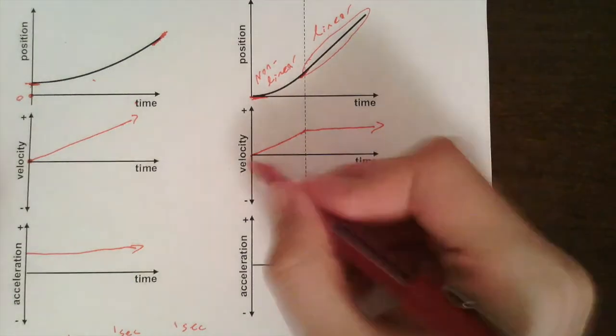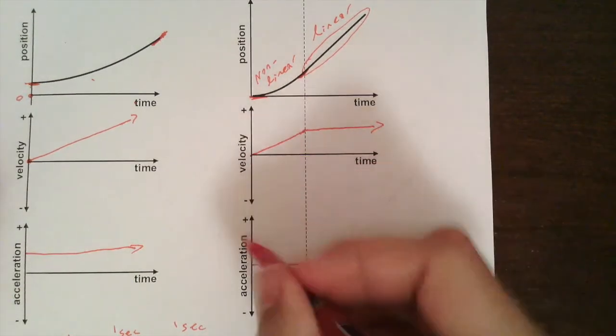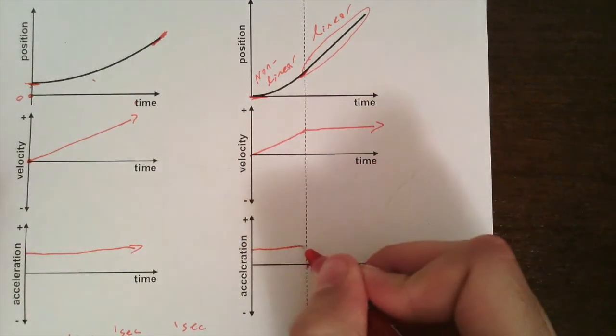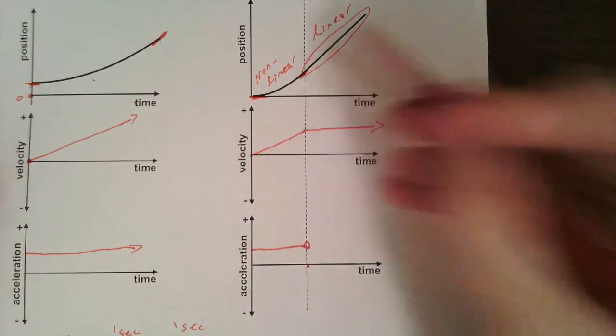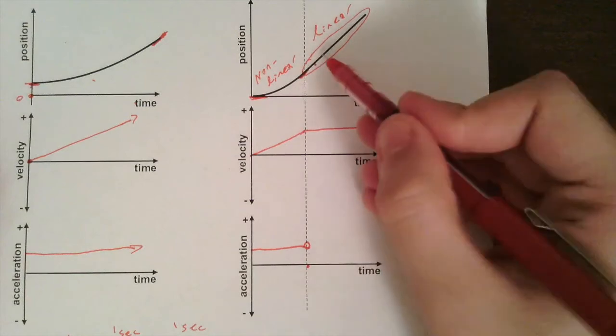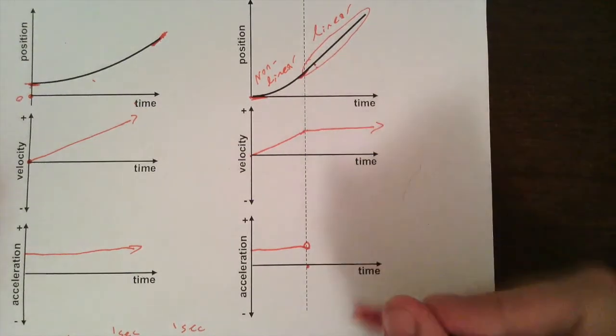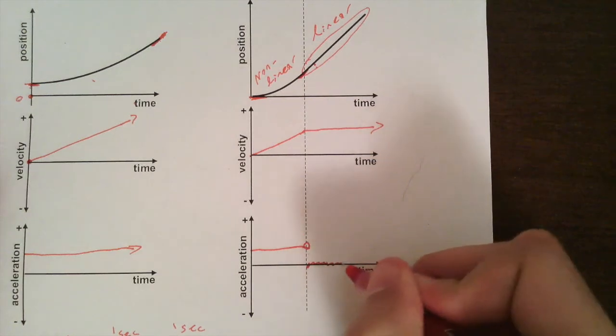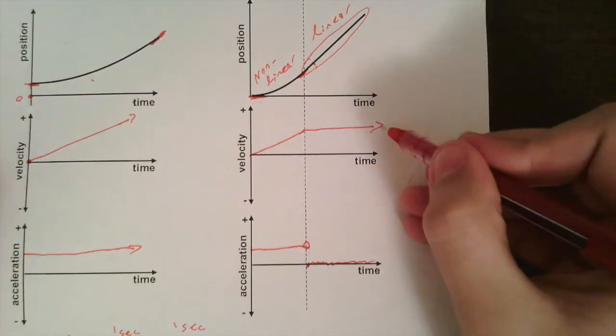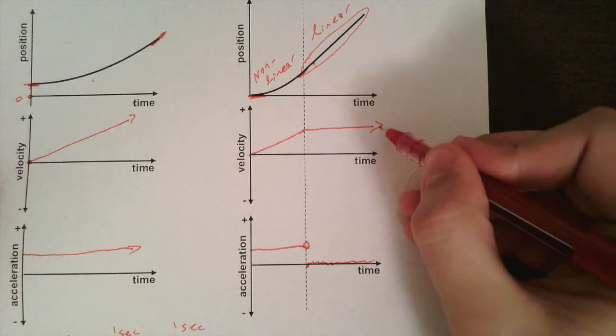And if I look here, it's positive. I'm going to leave my open circle. And then my linear portion, I know that if my position versus time is linear, I have no acceleration. I can see that by looking at the slope of this velocity versus time line.